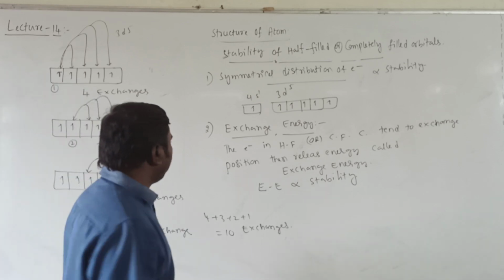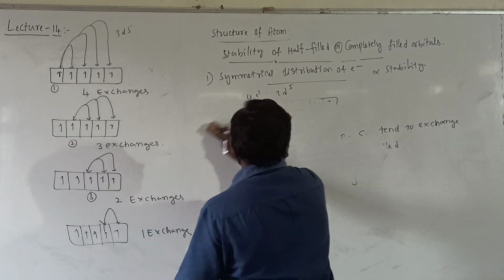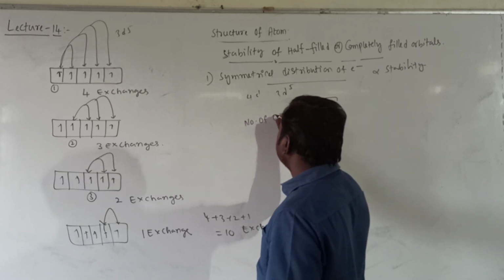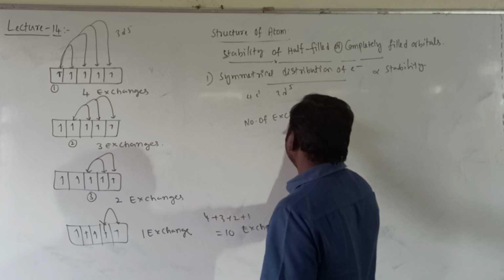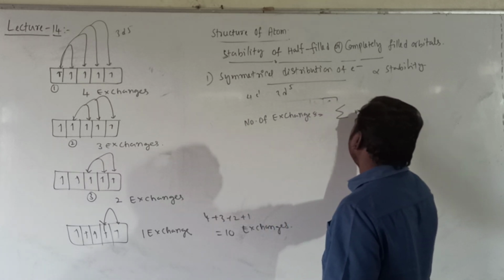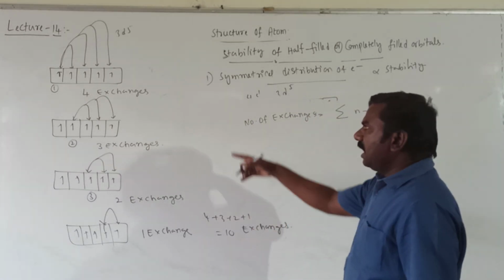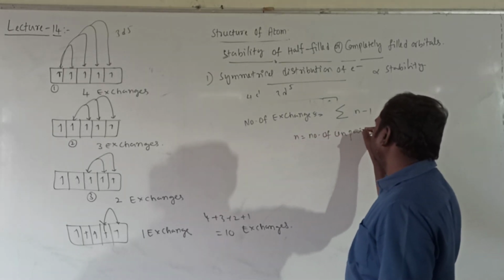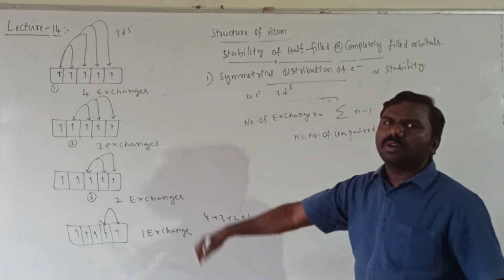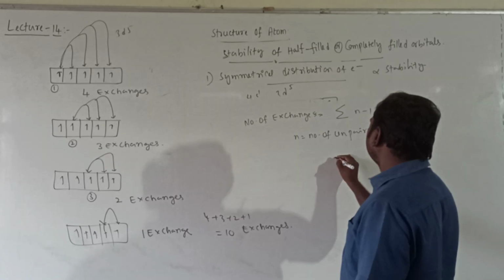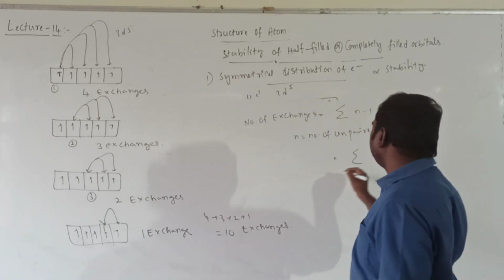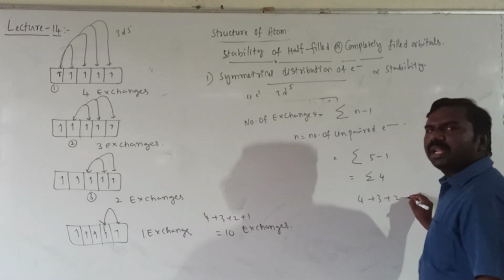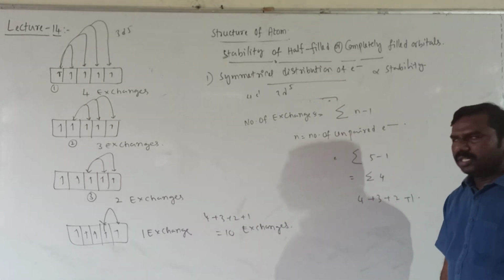So the formula for the number of exchanges is n minus 1 summed, where n means the number of unpaired electrons. Unpaired electrons are 5 totally, so 5 minus 1 is 4, meaning 4 plus 3 plus 2 plus 1.